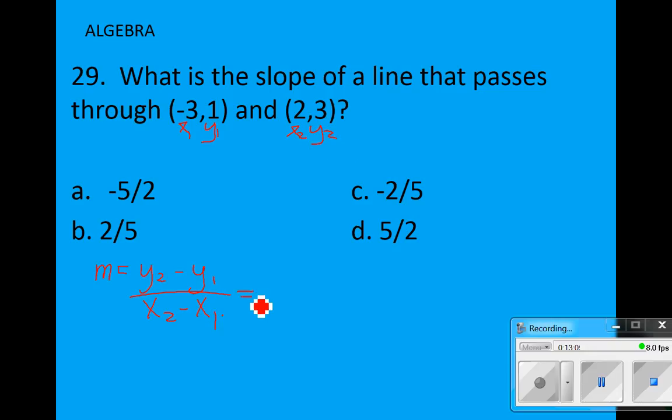So I'm going to choose 3 minus 1 and 2 minus negative 3. I know that this negative and negative will make one big plus. 3 minus 1 is 2. 2 plus 3 is 5. So my answer is going to be B, 2/5.